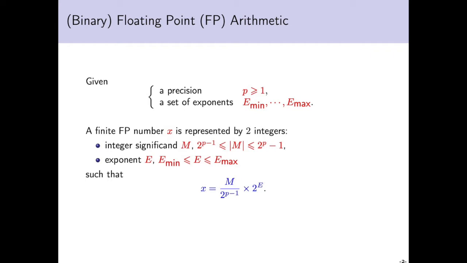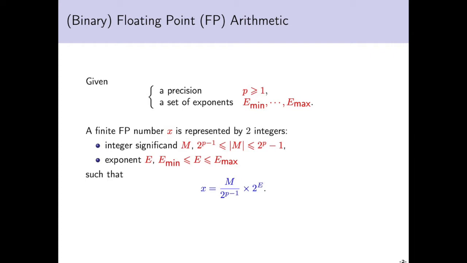We are given an integer precision p, and a set of consecutive integers called exponents, bounded by E min and E max. A finite floating point number x is defined thanks to two integers.